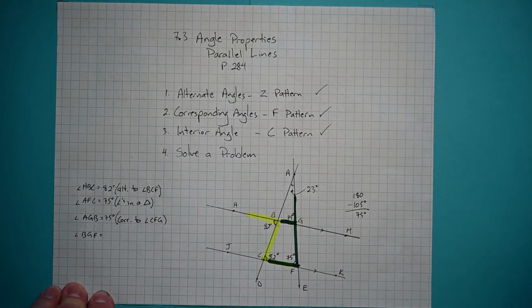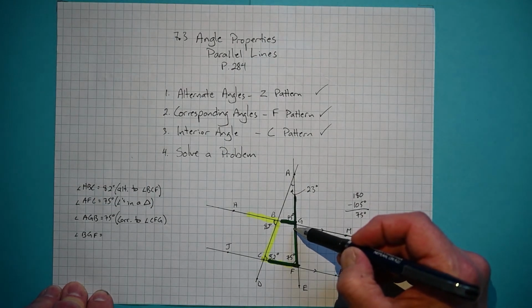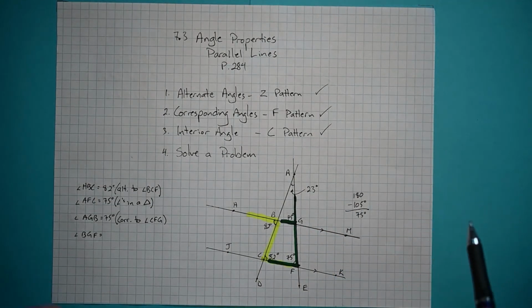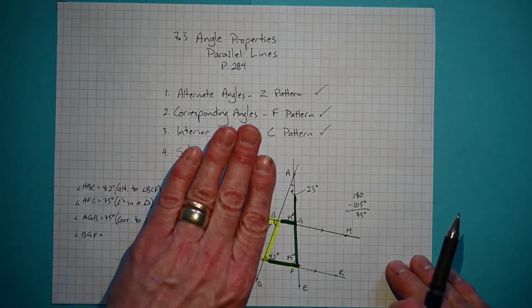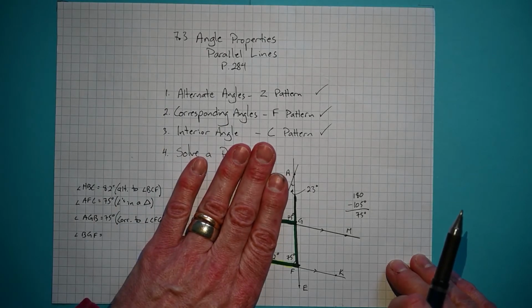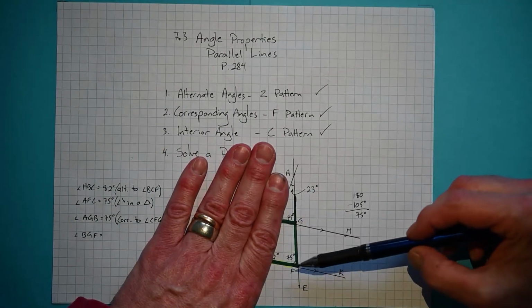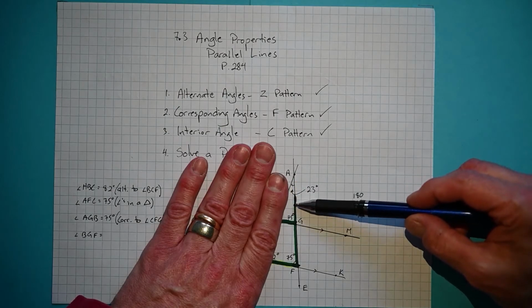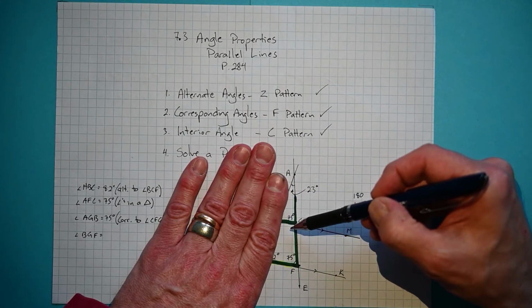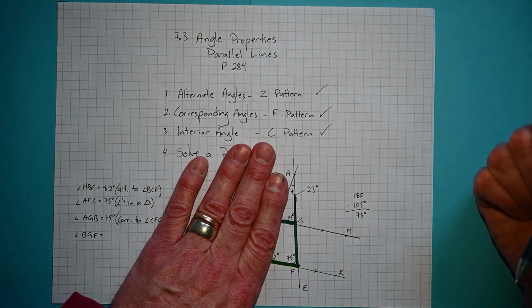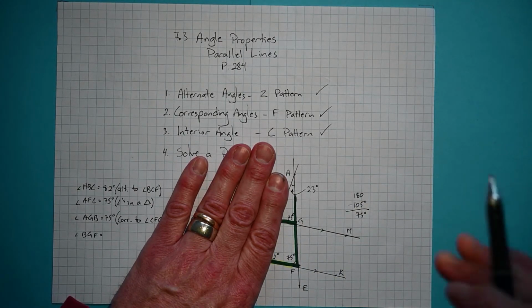Angle BGF. BGF. So this one right here. Now, again, this is about filtering out information that you don't need in the picture. If we can get rid of all of this mess, you might be able to see that we just have a straight line here, and then this creating these two angles on either side of a straight line. You might recall we call those angles supplementary.